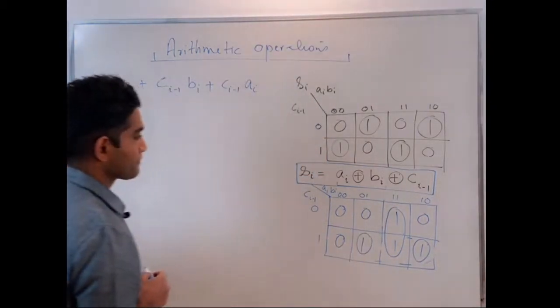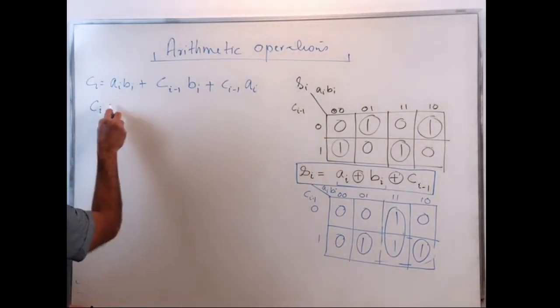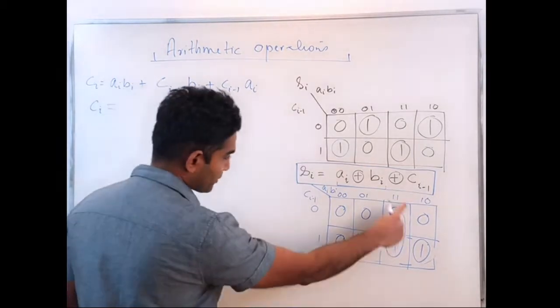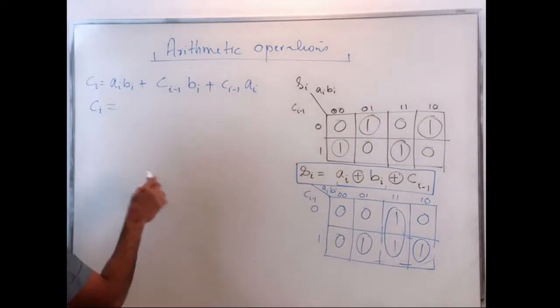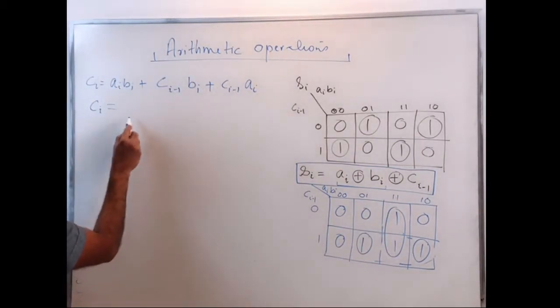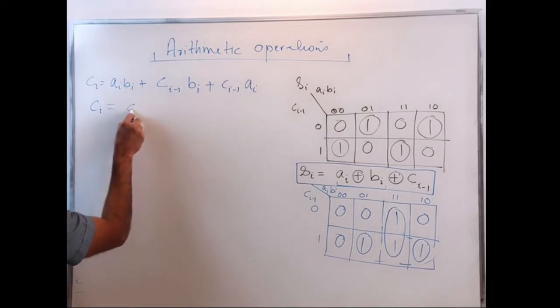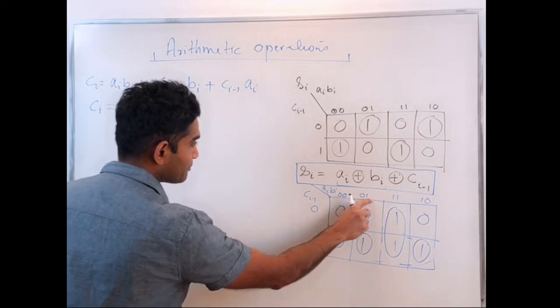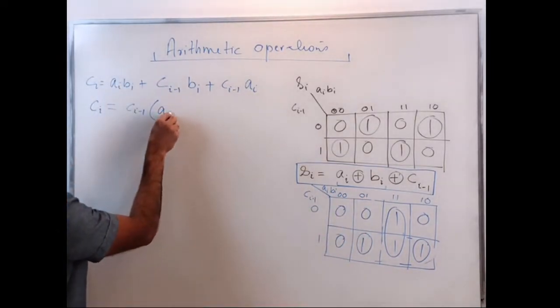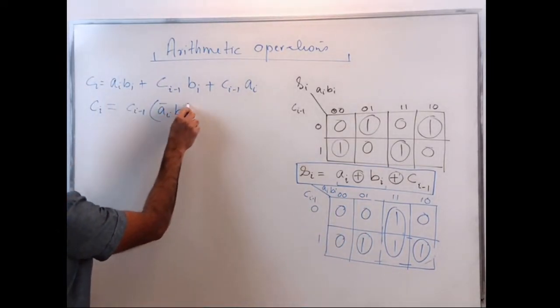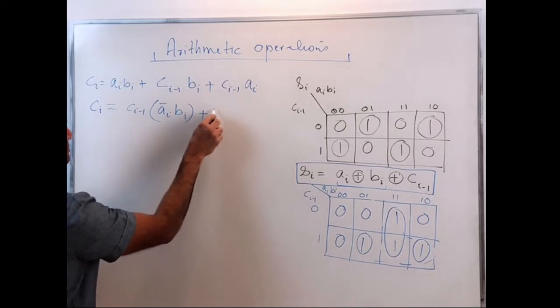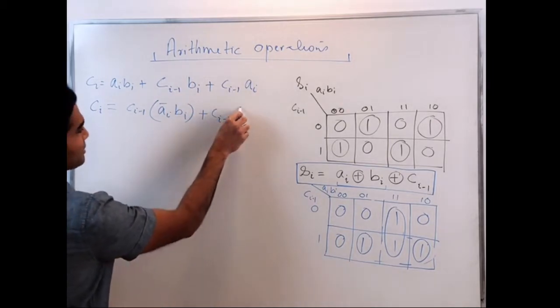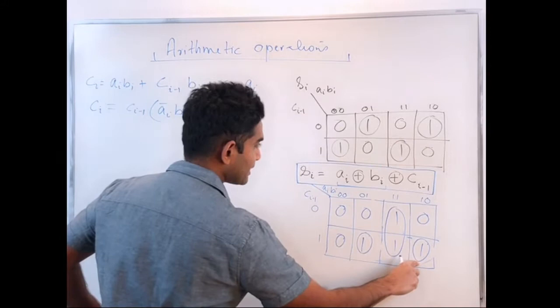If I choose my prime implicants this way, Ci would be Ci minus 1 times Ai prime Bi, plus Ci minus 1 times Ai Bi prime.